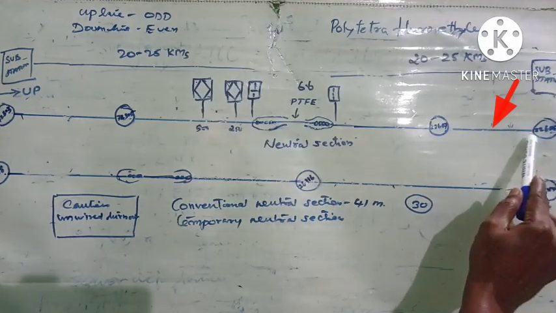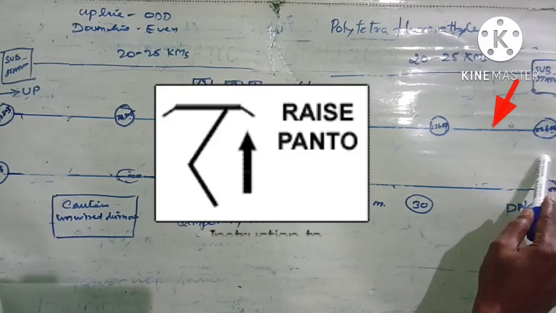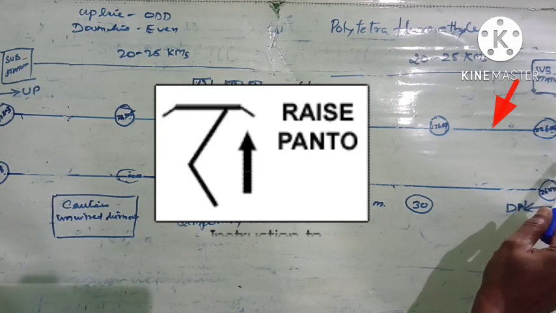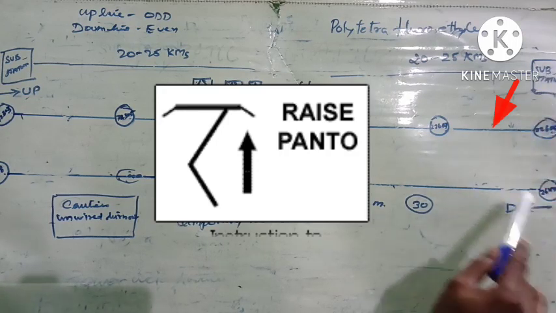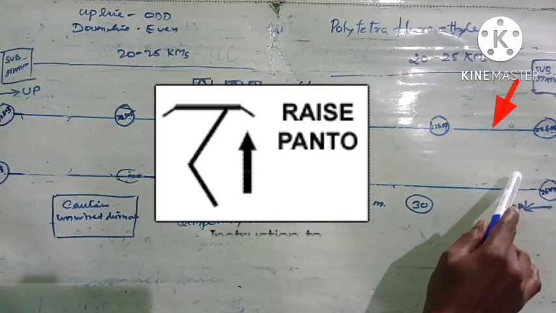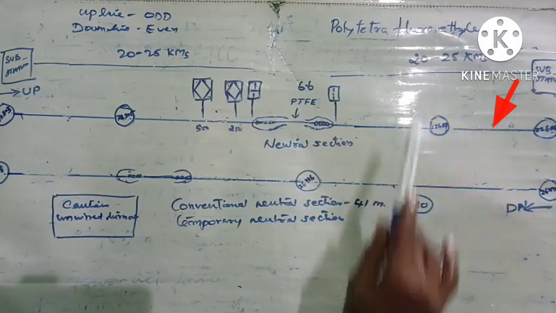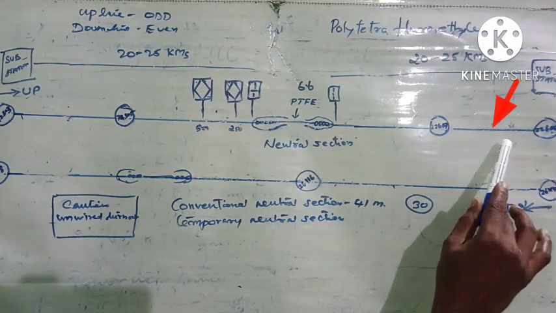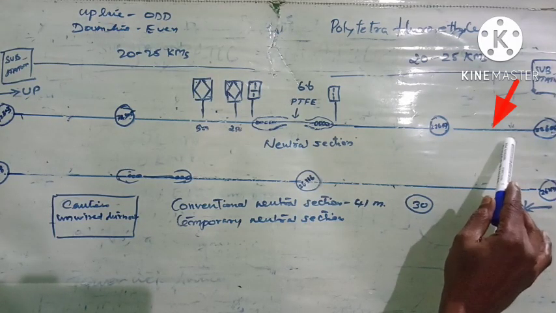And after this temporary neutral section, such a board will be placed which shows that now loco pilot can raise the panto. So the lower and raise the panto, such boards will be placed at a temporary neutral section, because there will not be any overhead OHE or even dead line.